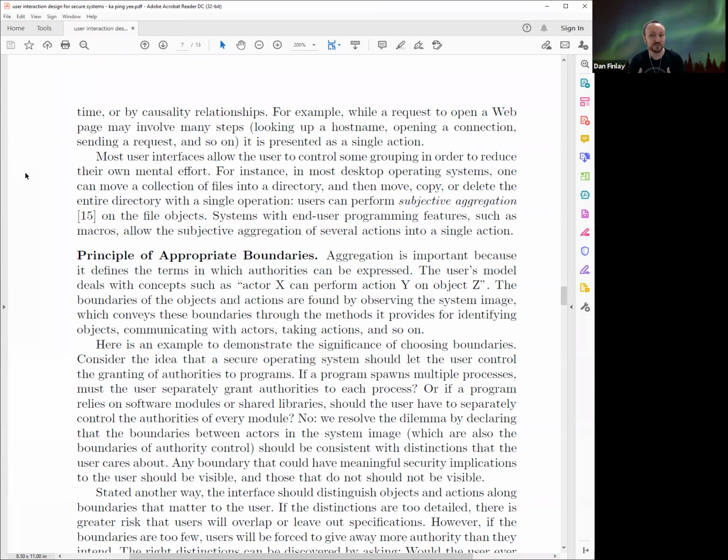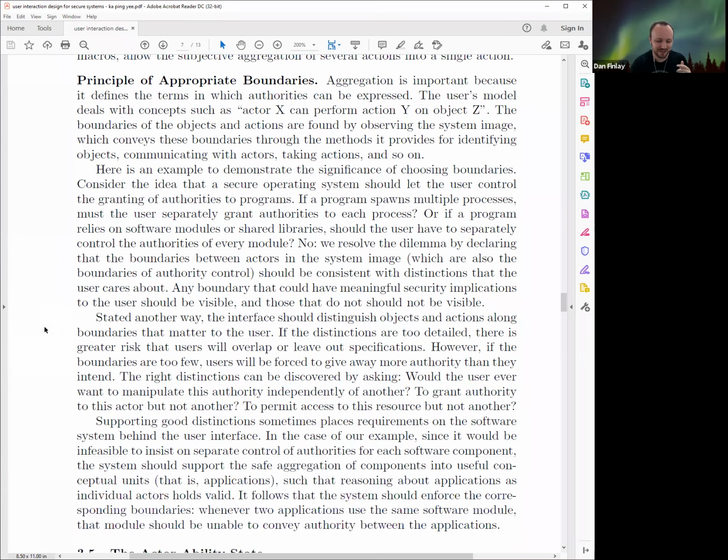Users can perform subjective aggregation on the file objects. Systems with end-user programming features, such as macros, allow the subjective aggregation of several actions into a single action. Yep, letting people define their own boundaries. Here it is. That was all set up for number 2.